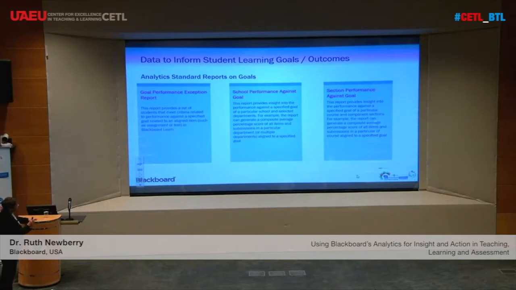The other things that learning outcomes analytics can begin to give us are these 3 standard reports as well, where it builds a little bit off of the grade matrix, but now it's only isolated to those assignments that have been tagged by your program or your course learning outcomes. So it's not all of the course now, but just whatever assignments have been in there, and wherever that goal might cross a program.